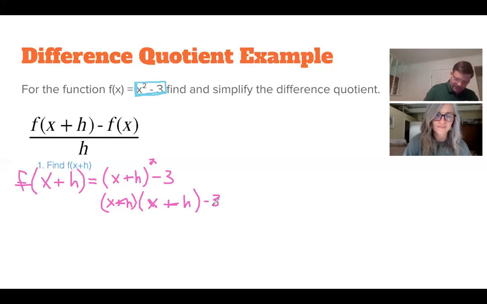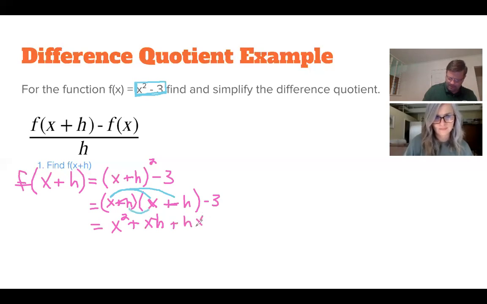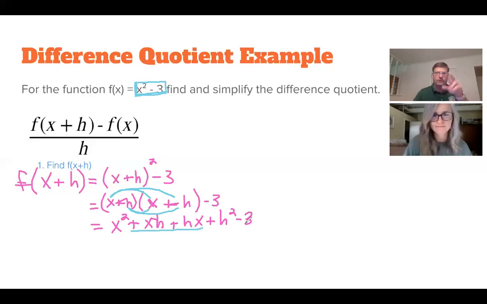I would end up with x squared plus xh plus hx plus h squared minus 3. Is xh different than hx? Nope. So those are like terms. I could combine them, and that would be 2xh.